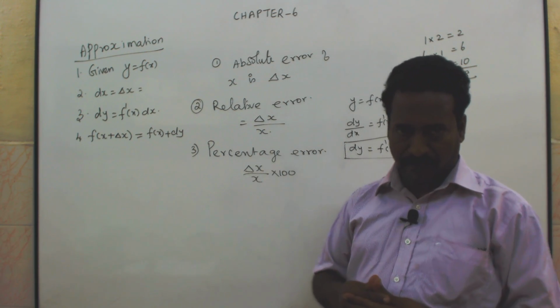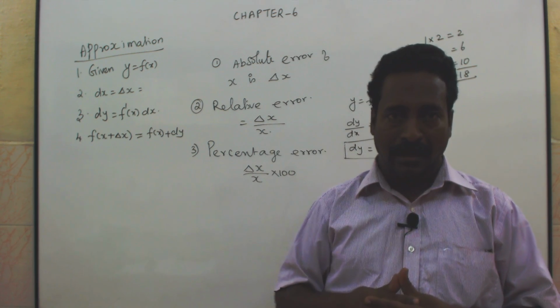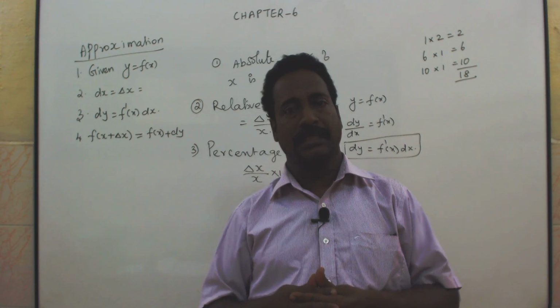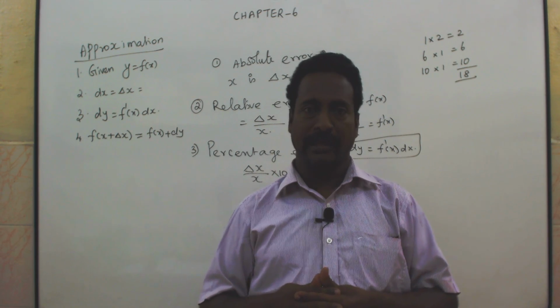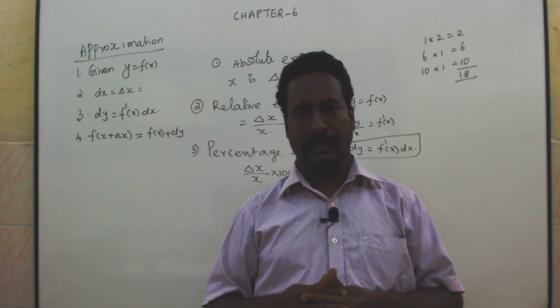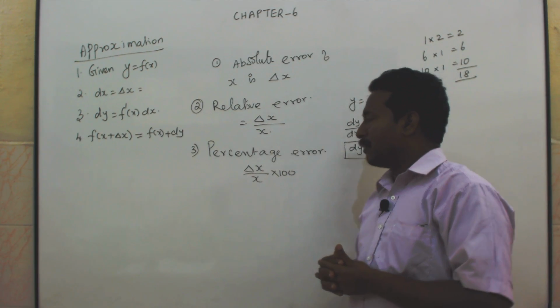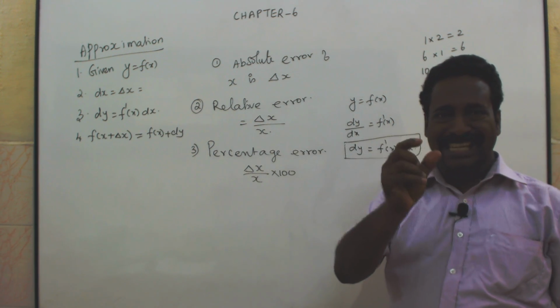In errors, there are 3 types of errors: absolute error, relative error, percentage error. தனிப்பிழை, சார் பிழை, சதவீத பிழை. தனிப்பிழைனா absolute error of x is delta x. What is the change in x?